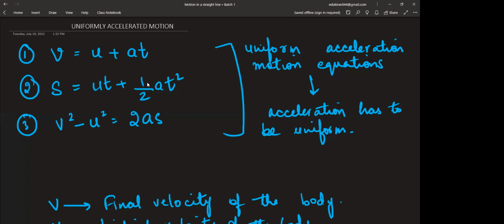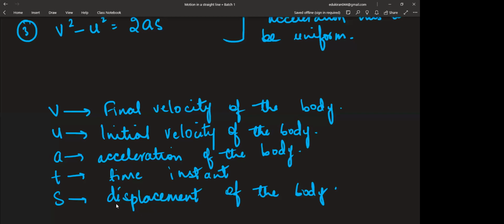Initial velocity means the velocity with which the body begins its motion. T is the time instant, and this is valid for the time duration as well. S acts as our displacement of the body, and if we are talking in scalar terms, it becomes the distance of the body.